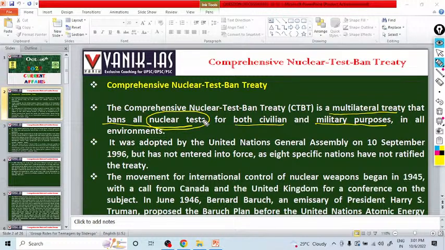It is popularly known as CTBT, Comprehensive Test Ban Treaty, or Comprehensive Nuclear Test Ban Treaty.